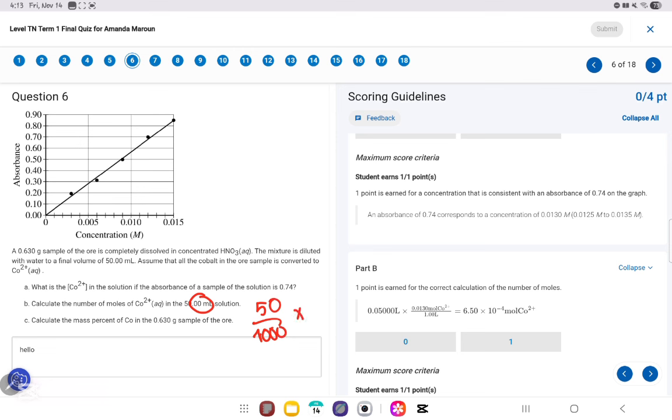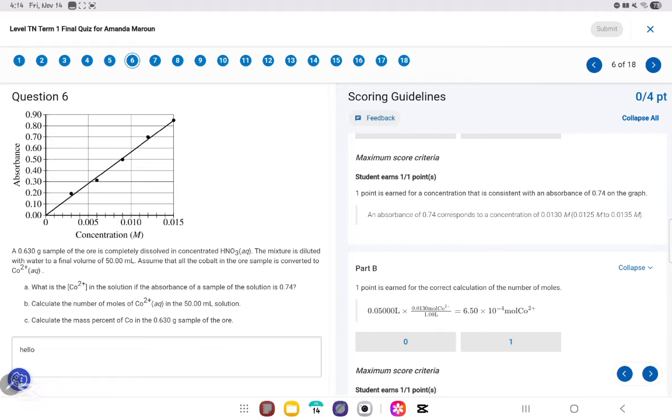What's the concentration? 0.0130, okay? So what will it give me? It will give me my answer to the correct significant figures, which is 3. This will give me 6.50 times 10 to the power of minus 4 moles of Co2+. So that's part B. Now I'll move on to part C.